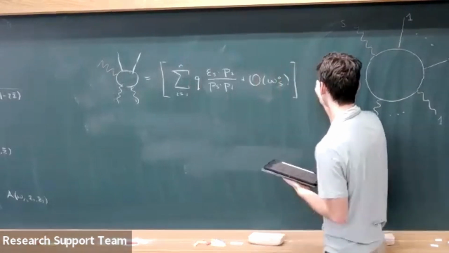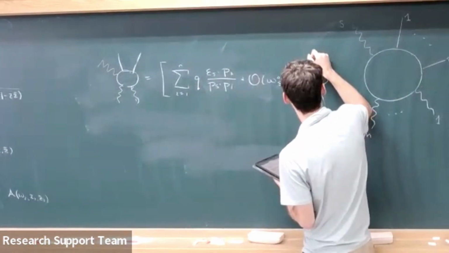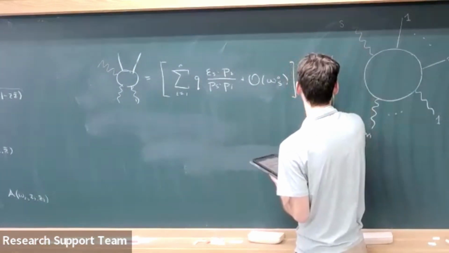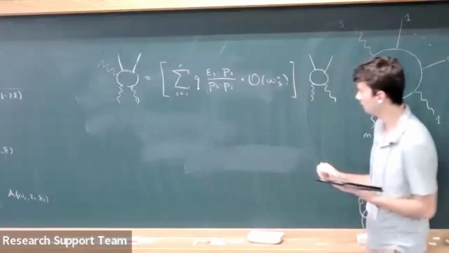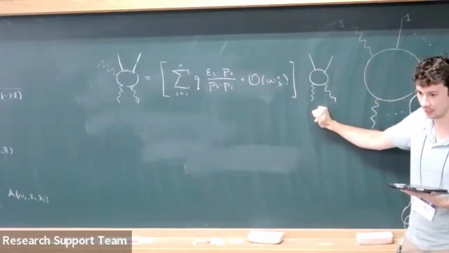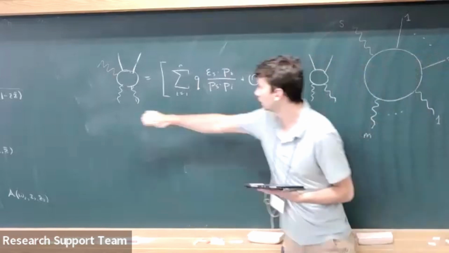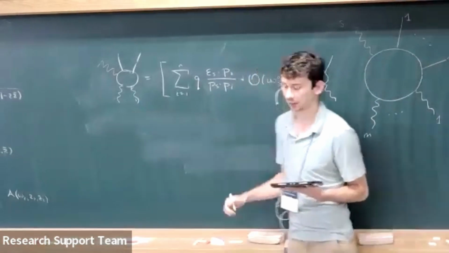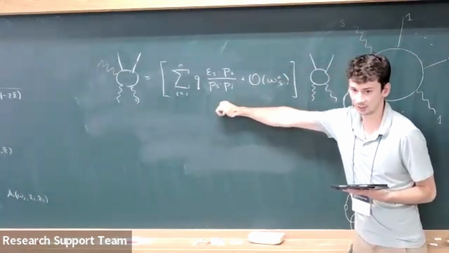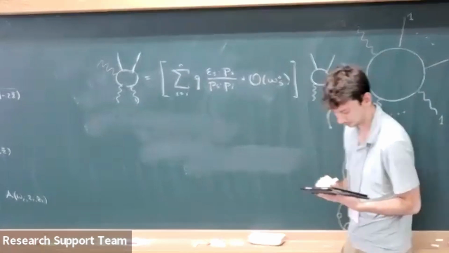And this all multiplies the scattering amplitude without the soft photon in its external states. Okay? So if you know what this scattering amplitude is, then you can infer what this scattering amplitude is, at least at leading order in this omega s goes to 0 expansion.